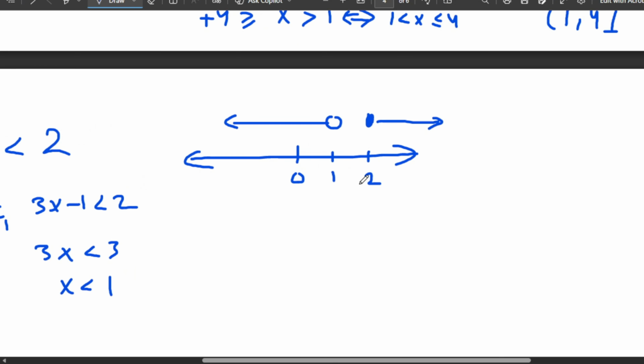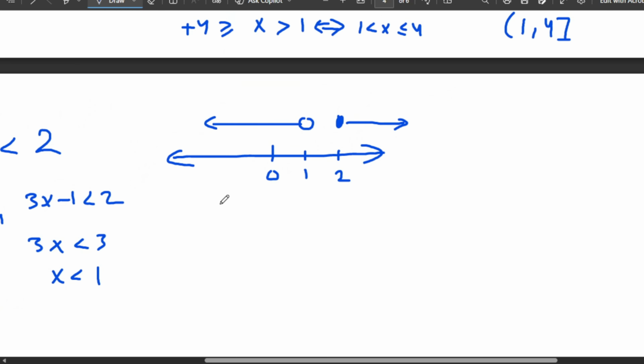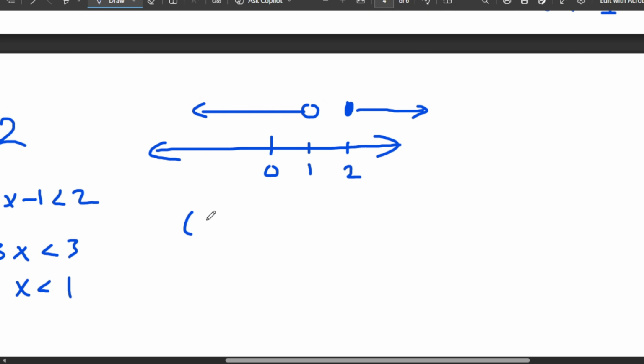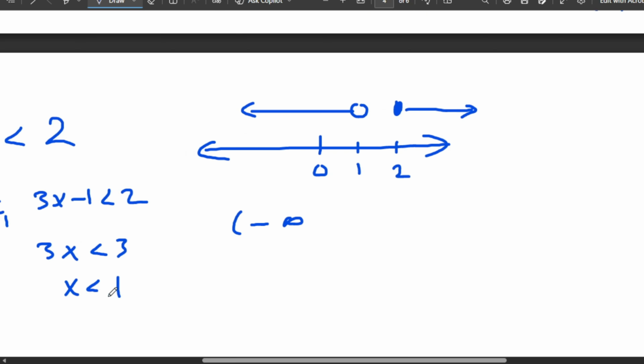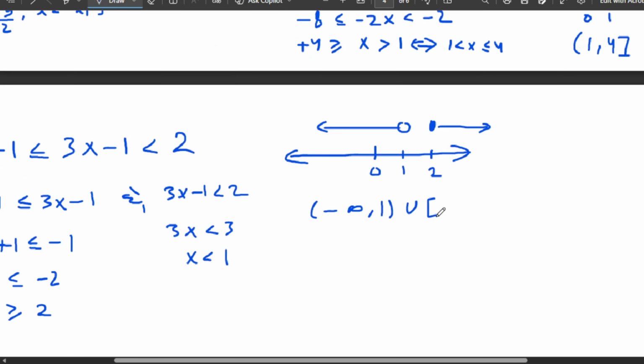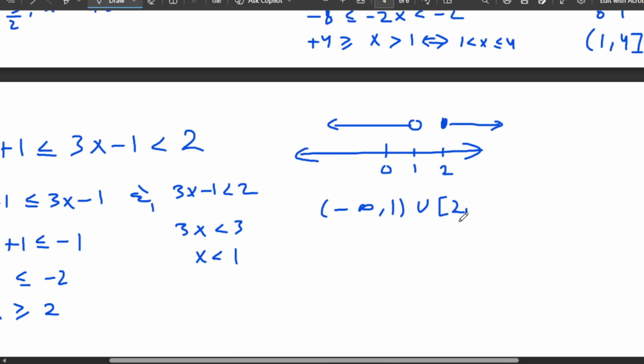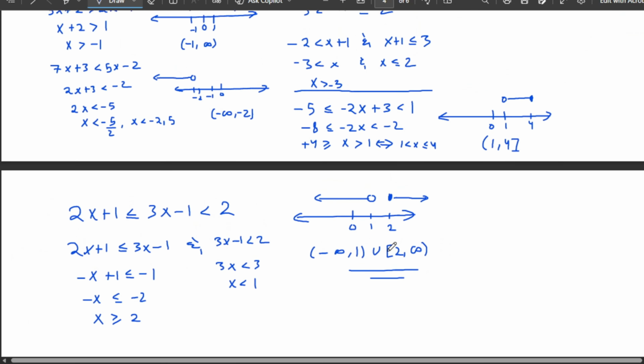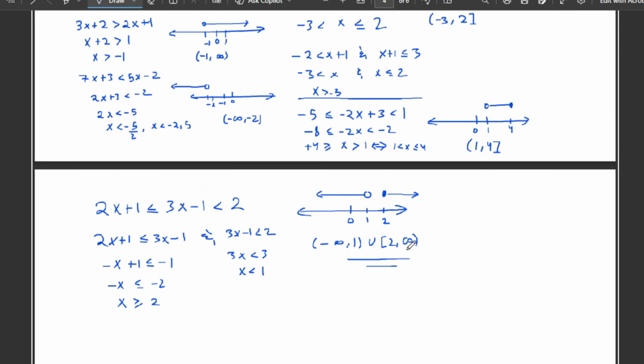That means we need to use union. So from negative infinity, since x is less than 1, to 1, union with a closed bracket at 2, because it's greater than or equal to 2, to positive infinity. So this is the interval, the solutions of x.